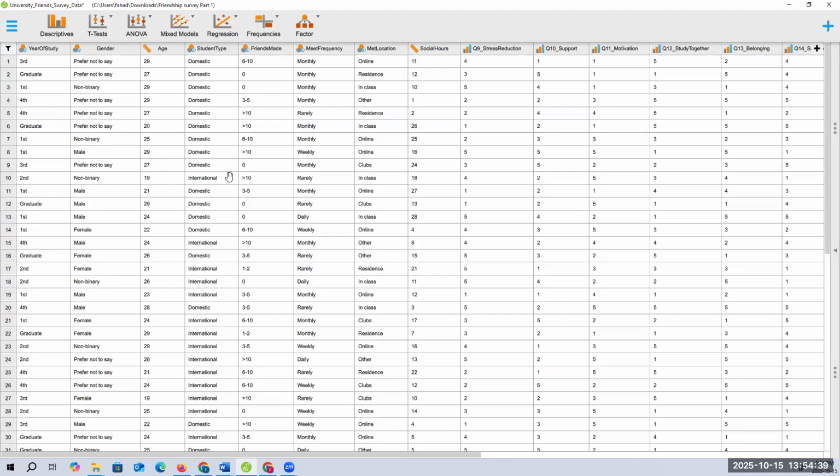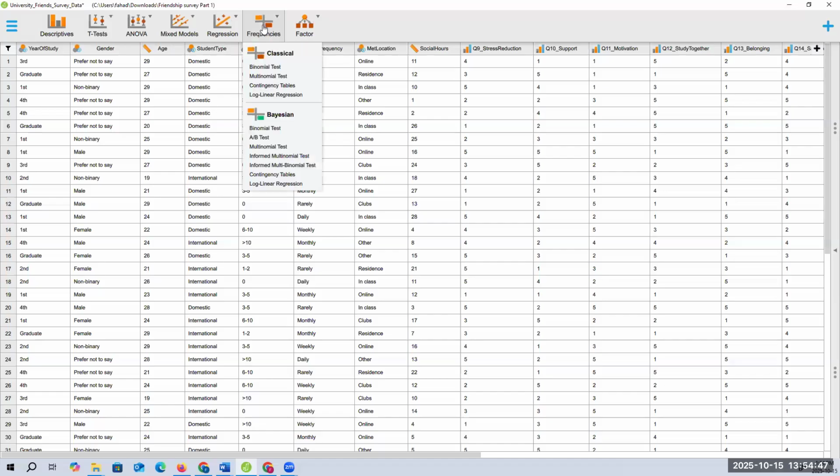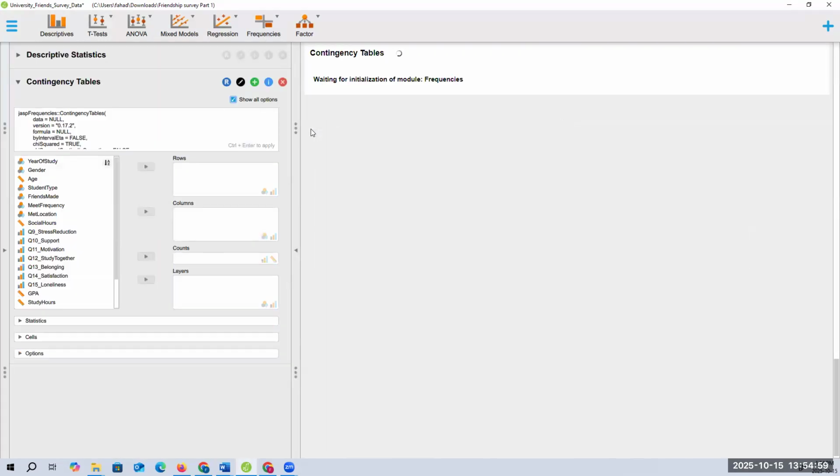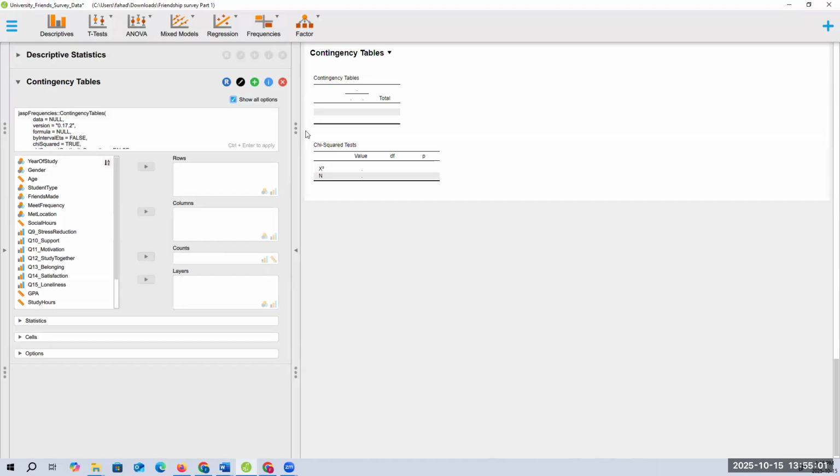So let's try looking at that. Let's do frequency. We have to go to frequencies here, and we have a number of tests available to us, but it doesn't have frequency tables, so I'll do contingency tables. So maybe I can do that.